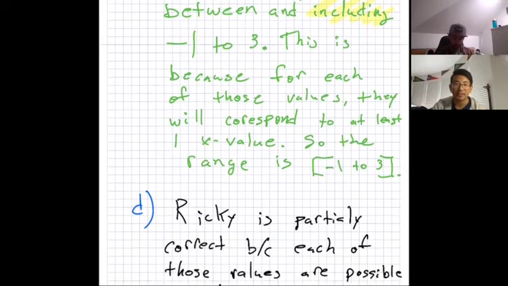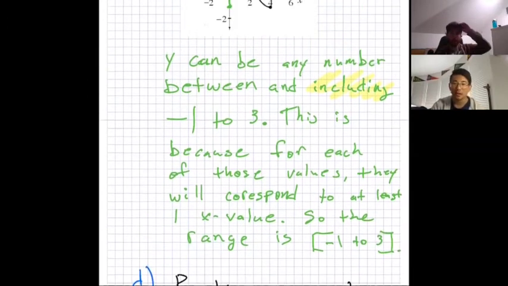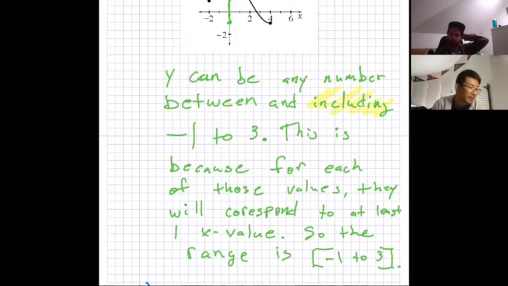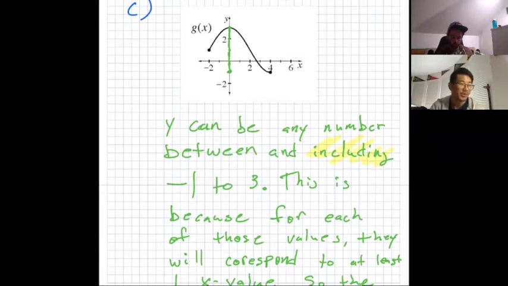Sweet. All right. Okay. And then Ricky says that his range was -1, 0, 1, 2, 3. Is he correct or not? It sounds like that's the same thing that we just said. Yeah, so Ricky, you're right, and you can improve on that answer to make it even more correct.